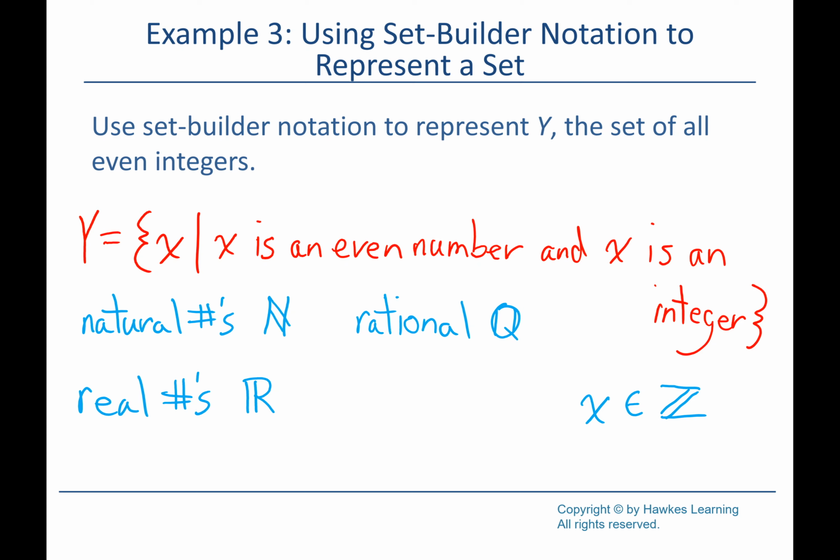You don't have to deal with that much, but just so you'll know what they are, or at least have an idea of where it's coming from if you see that. All right, so those are set builder notation, and again, there's more than one way you can write it. You can do it in words. Sometimes we have symbols we can use. As long as we get it described, then we're in good shape.